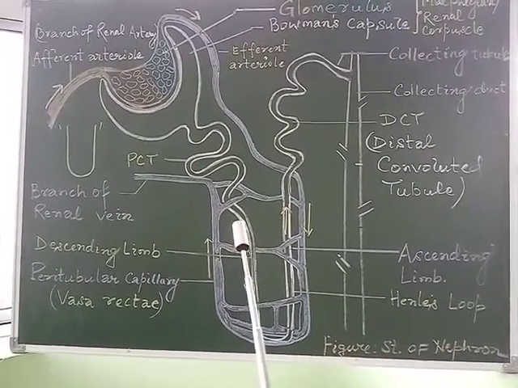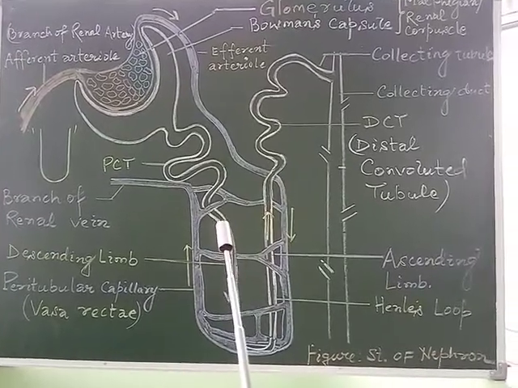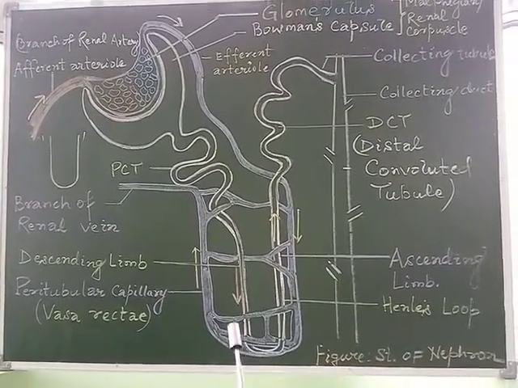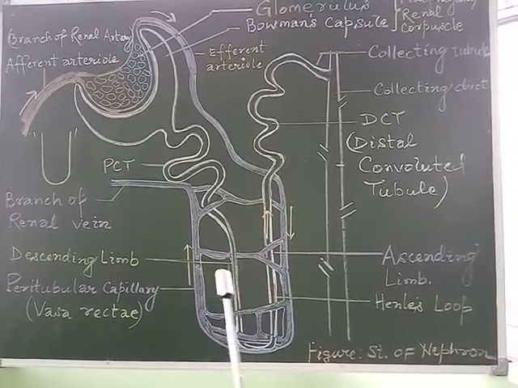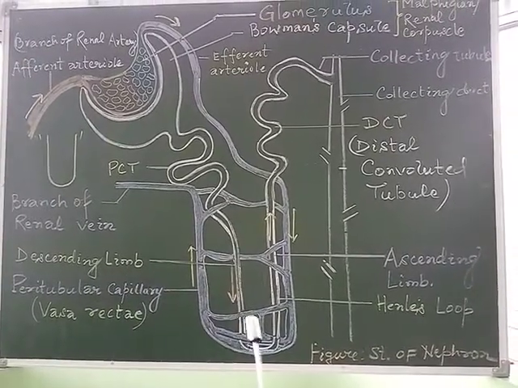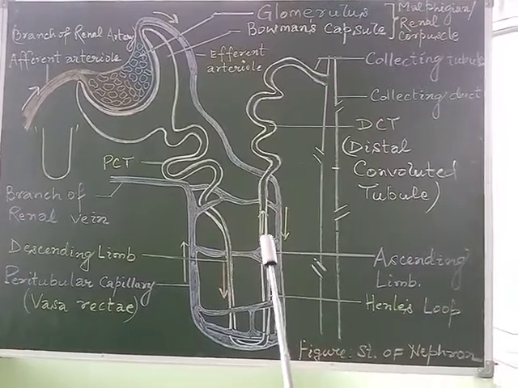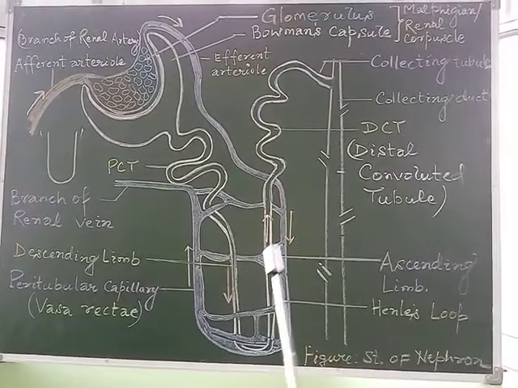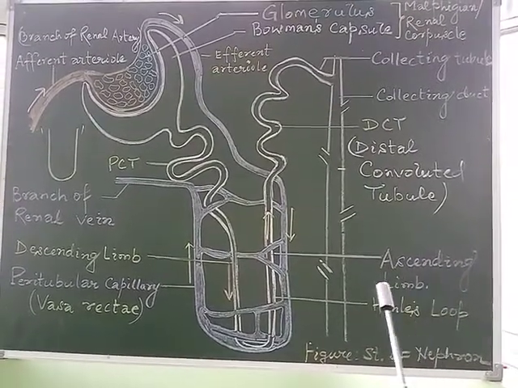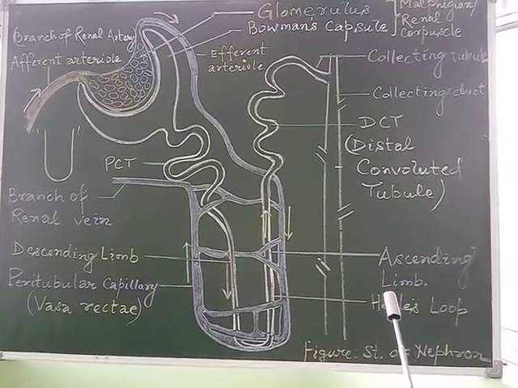Here we may go through that. The limb going downwards of the Henle loop is called the descending limb, whereas the limb going upwards in the direction to continue as the DCT is called the ascending limb of the loop of Henle.